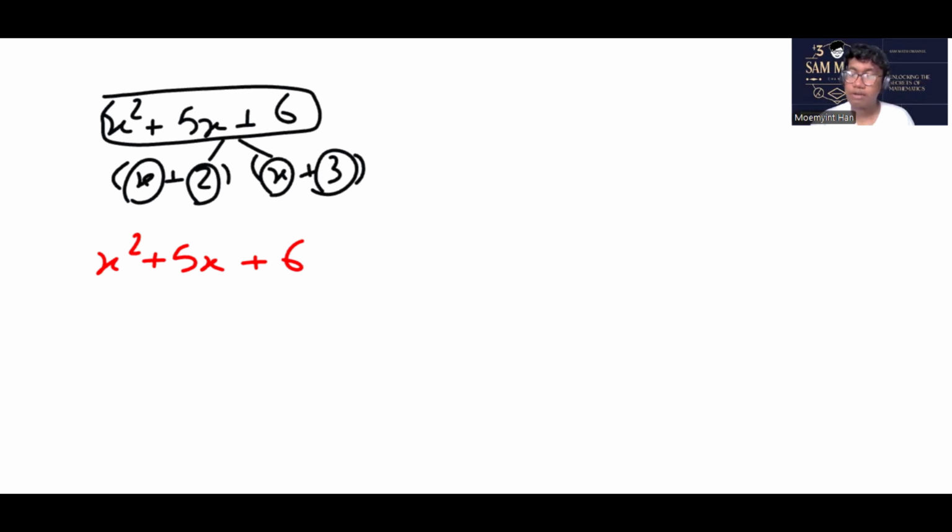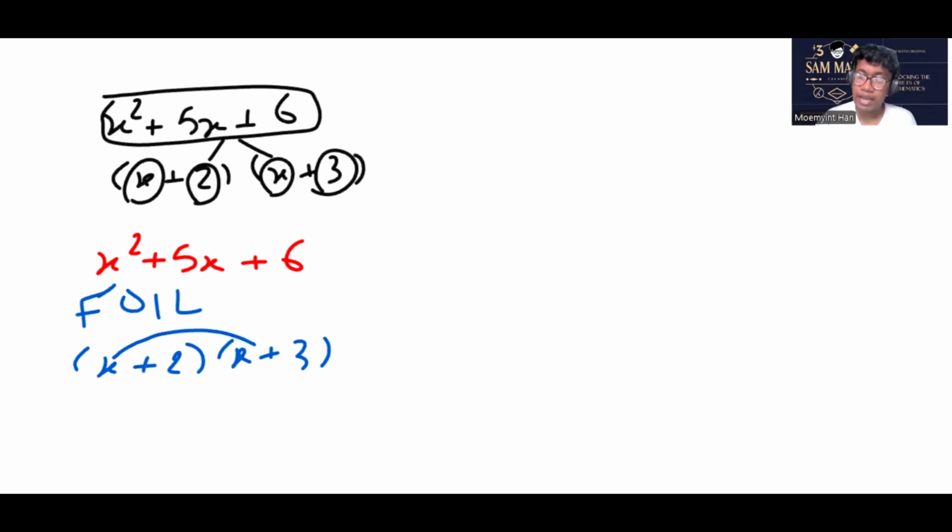I'm going to talk about the FOIL method a little bit here. What is the FOIL method? FOIL is the method when you multiply two binomials. F is for first, so you multiply the two firsts, and it becomes x squared.